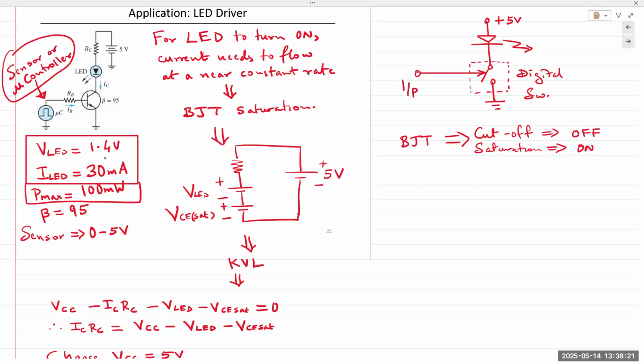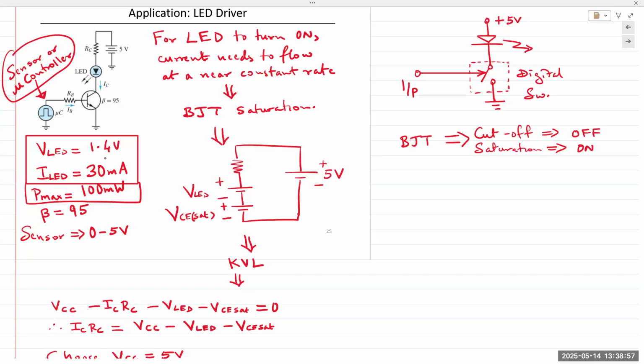So let's say, again, taking the example from the lab, a turnstile, like a switch, right? One person walks to the turnstile, the sensor goes from 0 to 5 volts and then goes back to 0. Every time it goes from 0 to 5 volts, the BJT is driven into saturation. When it is driven into saturation, the LED has a clear pathway and turns on. So the chain of events goes: a person walks to a turnstile, activates the sensor, which connects the output to plus 5 volts, then it goes back down.